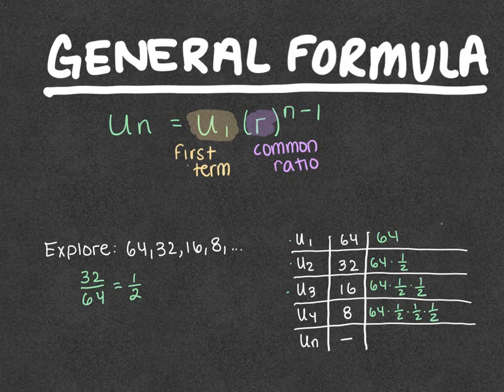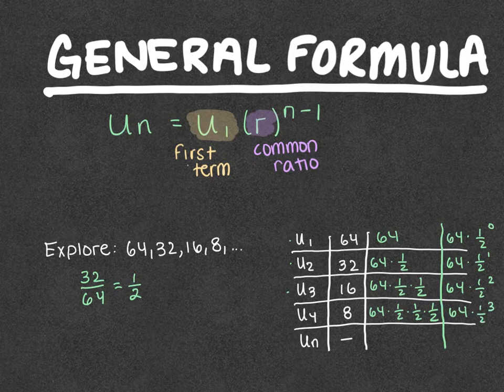So to rewrite this, this would technically be 64 times 1/2 to the 0 power, because anything to the 0 power is 1, so 64 times 1 is itself. This would be 64 times 1/2 to the first, 64 times 1/2 to the second, 64 times 1/2 to the third.